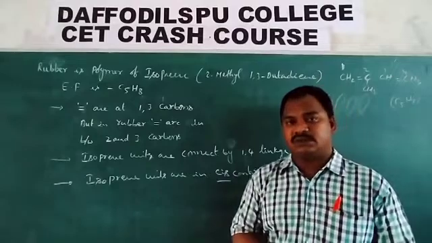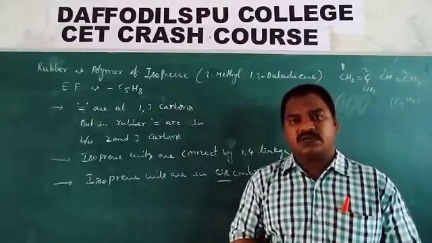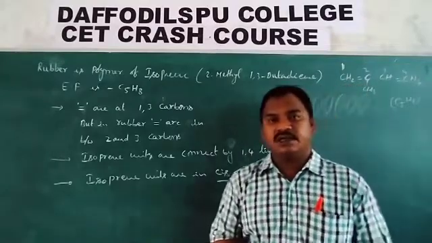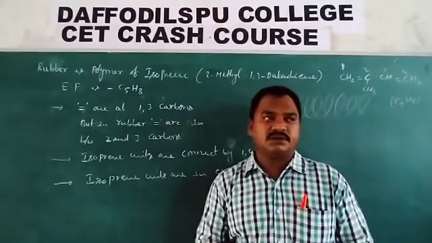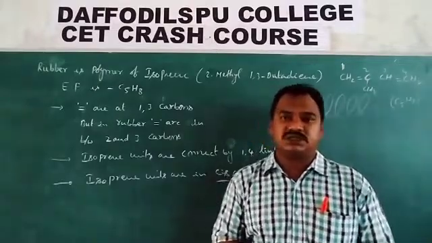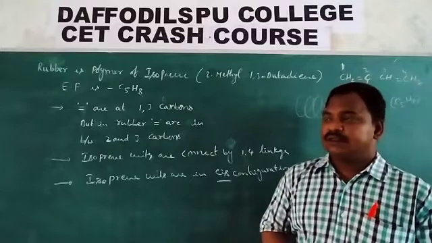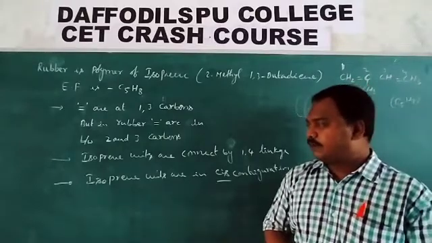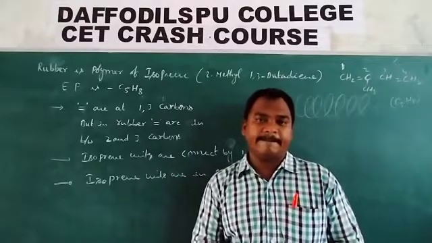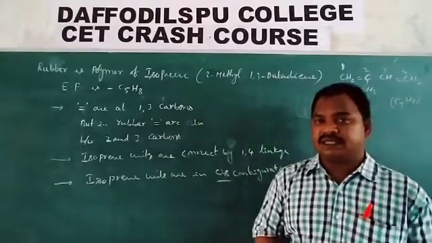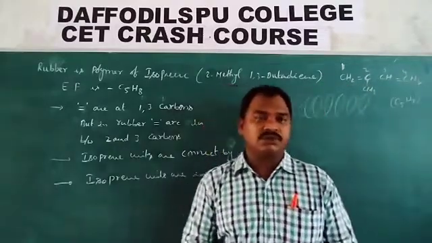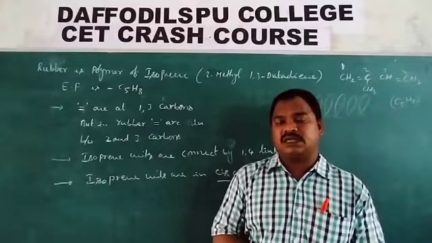Vulcanization is the process in which sulfur is added to natural rubber and it is heated in presence of catalysts like zinc oxide and zinc stearate. Due to this heating, sulfide links are formed, cross links of sulfide bonds.